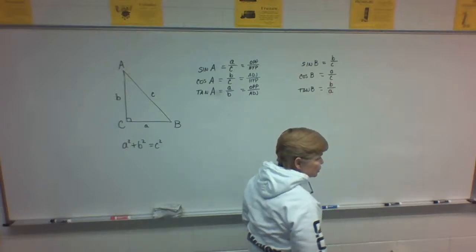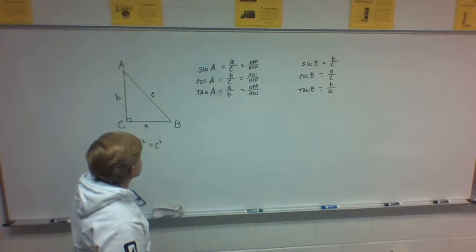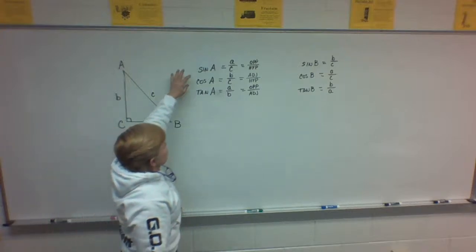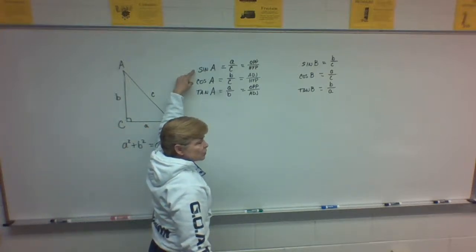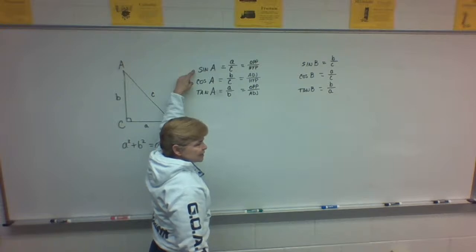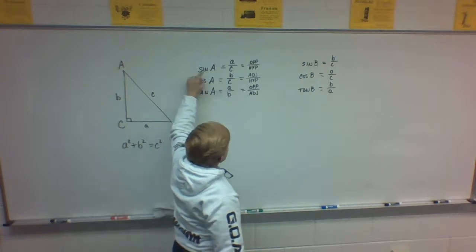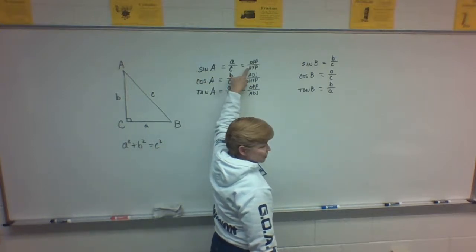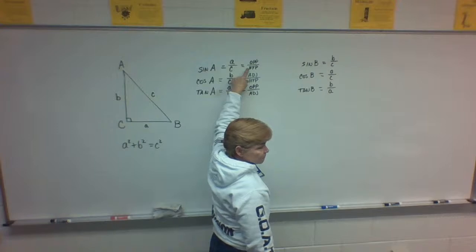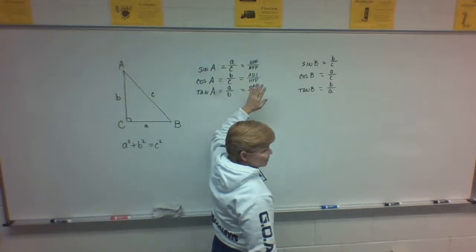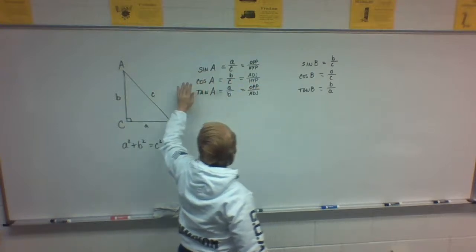Okay, now there are some things I want you to notice. Sine and cosine. I need you to really pay attention here, because this is going to give you lots of insights into these things and what you can expect. Sine and cosine both have the hypotenuse as their denominator, right? Tangent doesn't. So leave tangent out of the discussion for just a minute. Just sine and cosine.